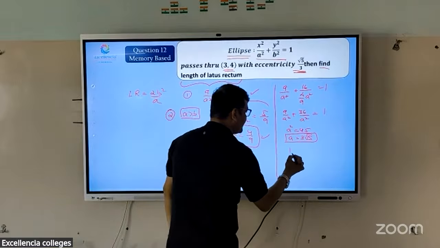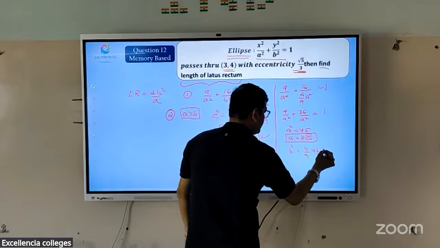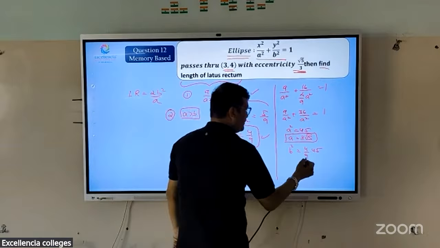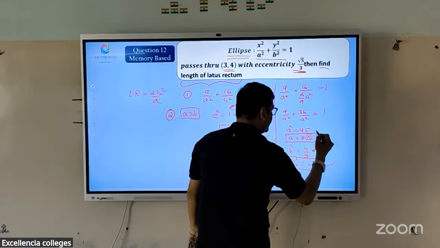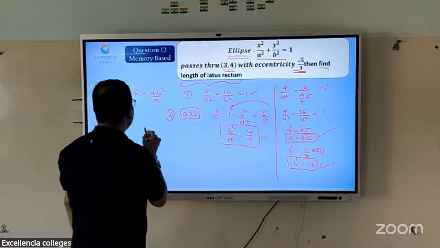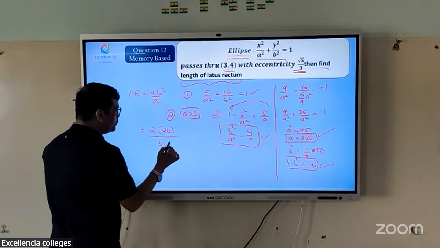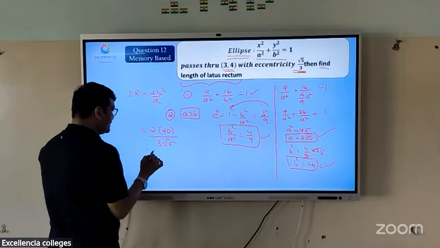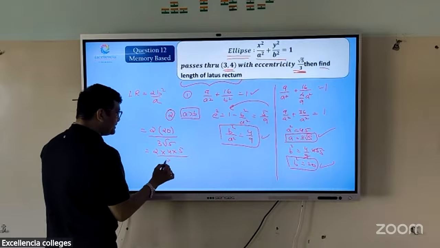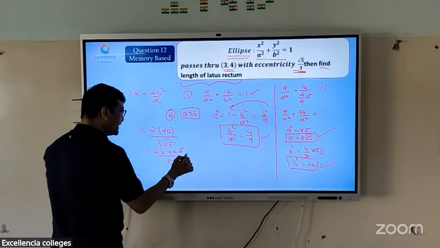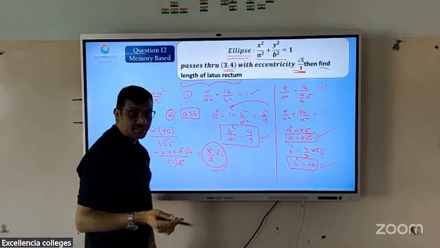And B square is 4 by 9 of 45, so B square is 20. I got both: B square 20, A is 3 root 5. So it is 2 into 20 by 3 root 5. I take 2 into 4 into 5 by 3 root 5. So root 5 cancels, and it is 8 by 3 root 5. It should be one of the options.